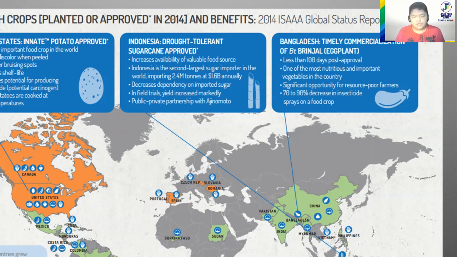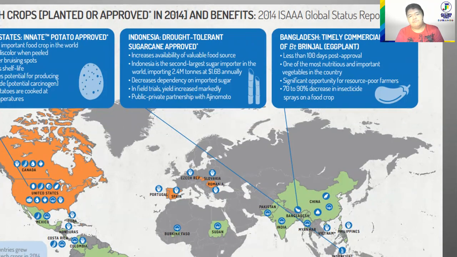Because of the high demand for MSG, Ajinomoto partnered with Indonesian biotechnology to create drought tolerant sugarcane. This decreases the dependency on importing sugar from outside, and increases the yield of sugarcane even in times of drought or the dry season in Indonesia.